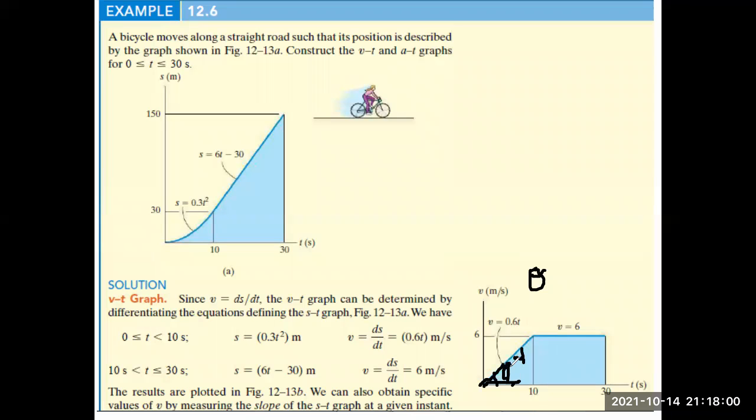Theta is equal to tan inverse of the slope. The slope is 6 over 10, which is 2 over 5.